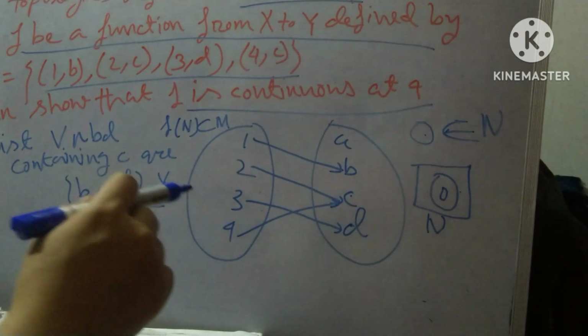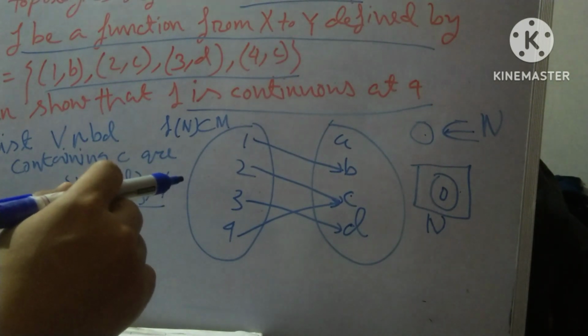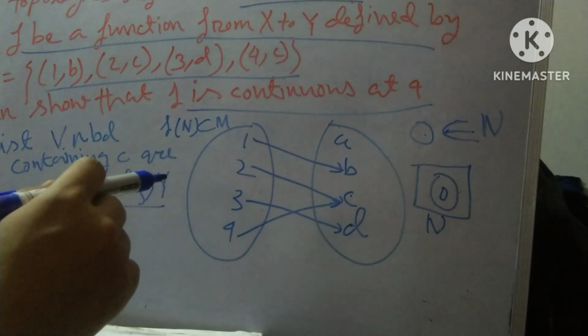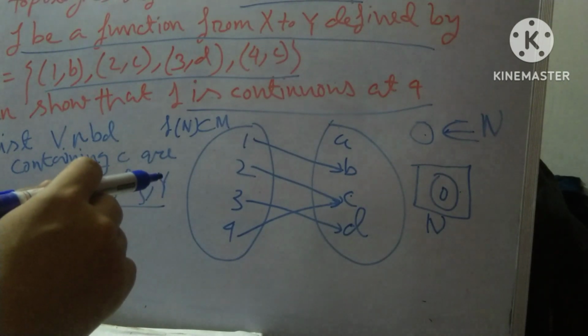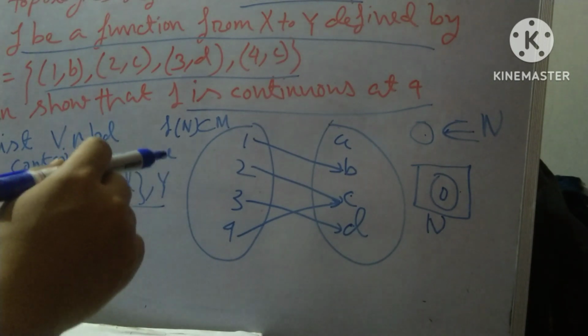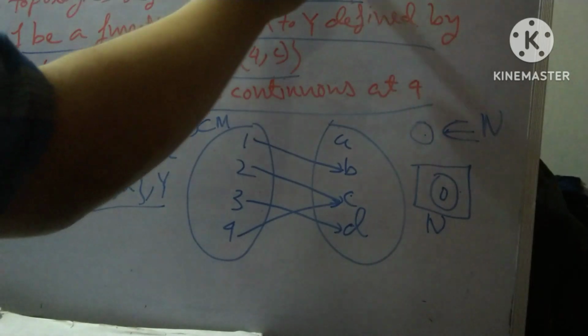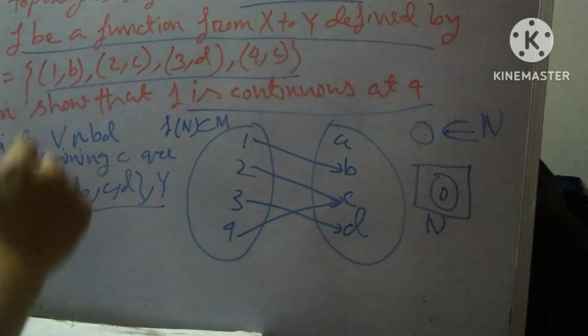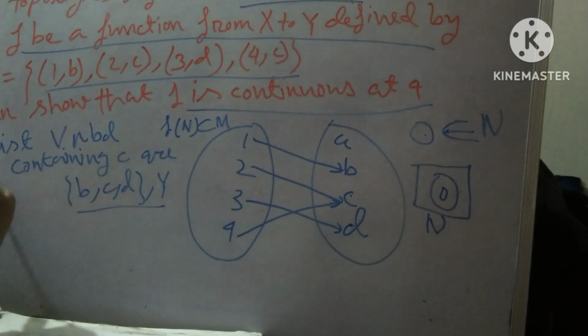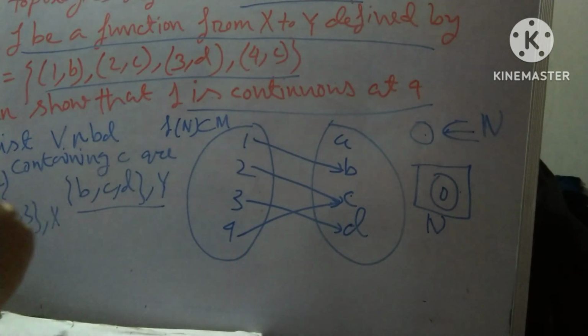T-neighborhood means {1, 2}, {1, 2, 3}, and X.